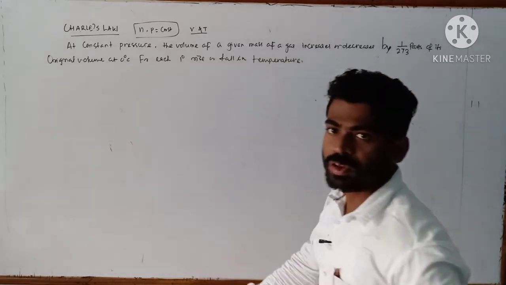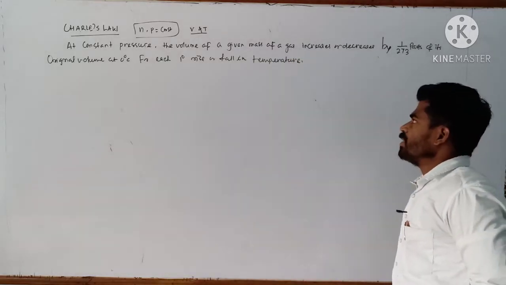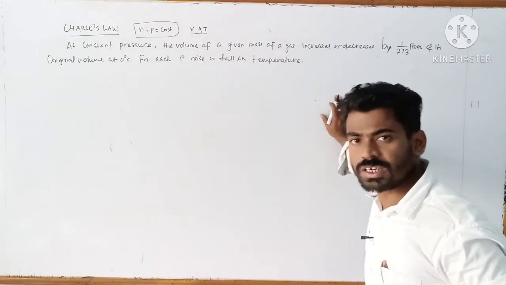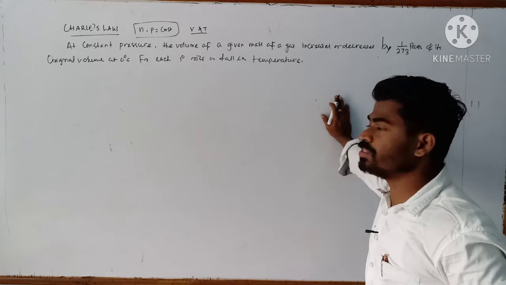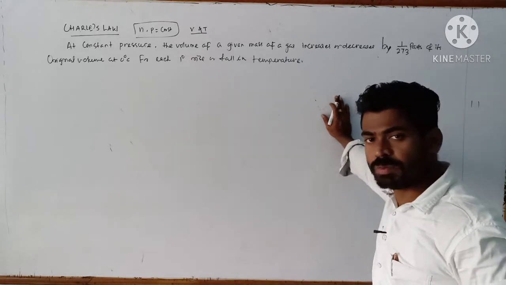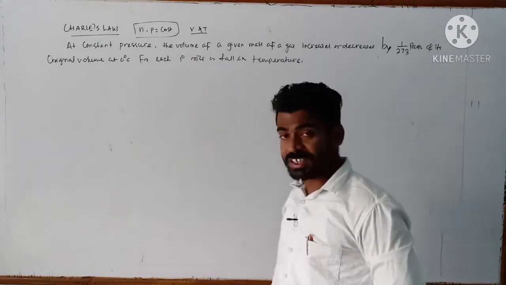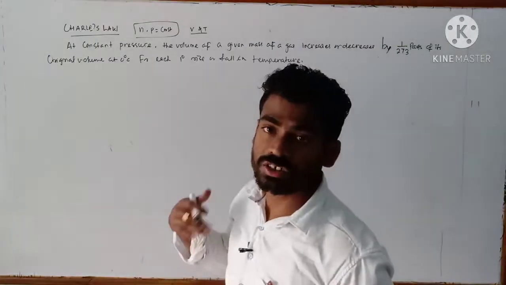That clear? So the volume of a given mass of a gas, again amount of gas is constant, increases or decreases by 1/273 parts of its original volume. Original volume means the volume at 0 degree centigrade is taken to be its original volume.